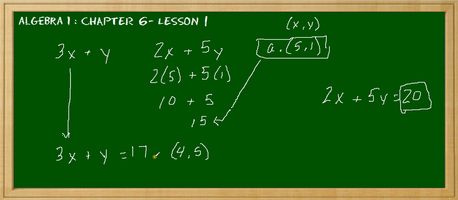Now, above in the first problem, number 4, they use the expression 3x plus y. In the second one, they said one of the solutions to the equation 3x plus y is equal to 17. So now we've limited ourselves to an equation, not just the full-blown expression of whatever you want it to be. Now x and y have to be certain numbers for this equation to be true.